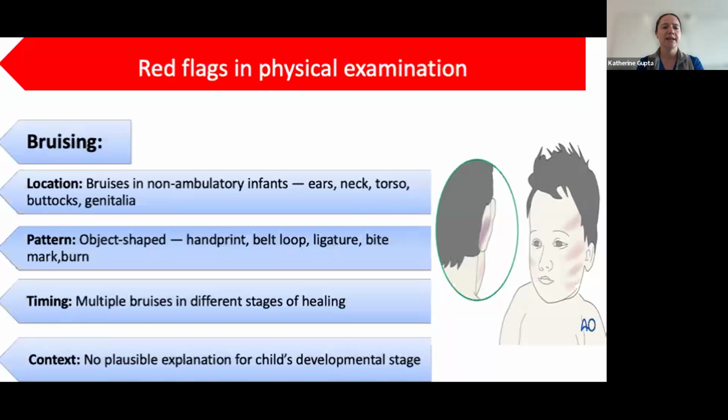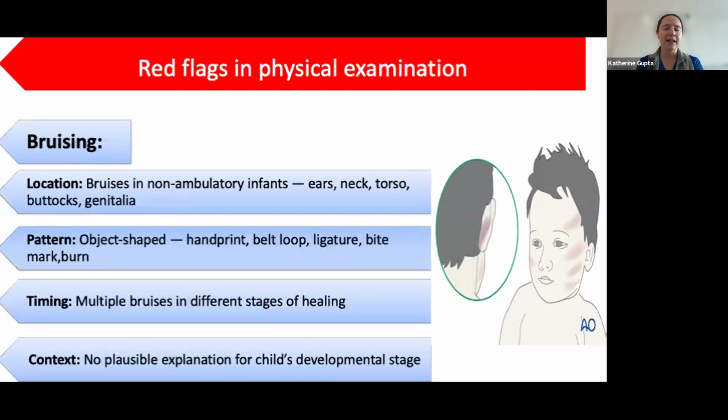The other thing that's concerning is if the bruises are actually what are called patterned. So sometimes they're actually shaped like the object that made them. You can see actual handprints sometimes, or belt loops, bite marks, burns. That's always suspicious. The timing of the bruising can be suspicious.